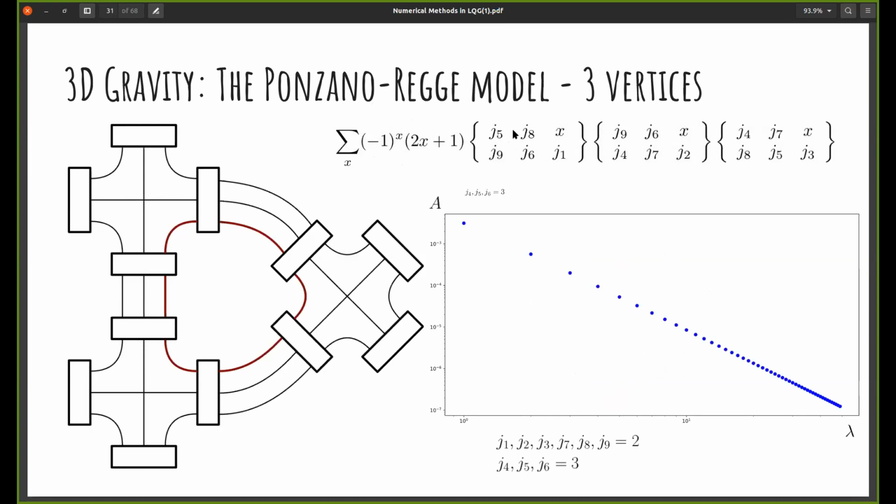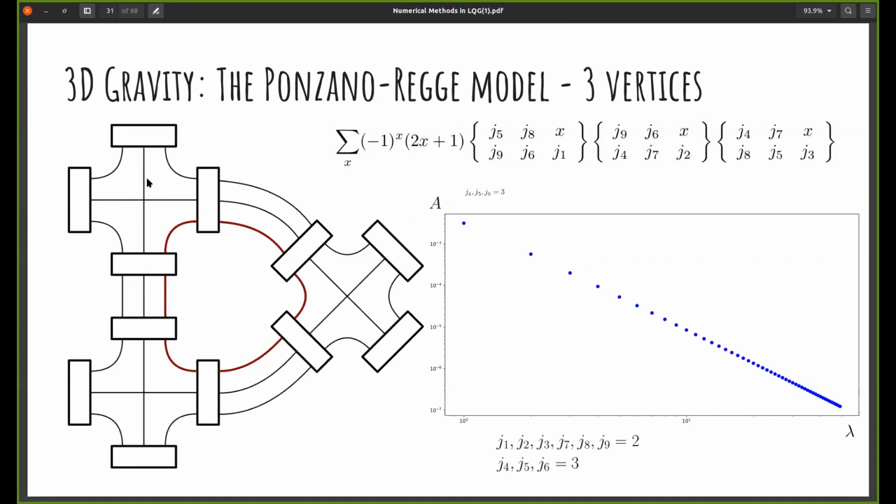So look at how this whole amplitude rescales under rescaling of the 9 boundary spins J1 to J9. I just convinced you that the first thing that we need to check is that there's no exponentially decaying behavior, signaling that there is at least one classical path in the path integral.